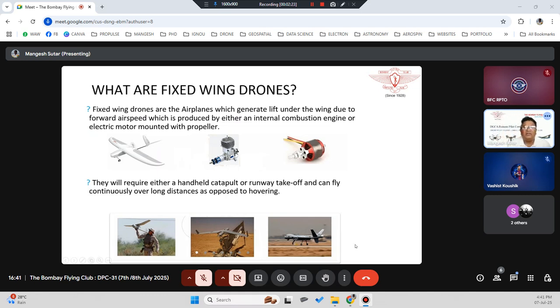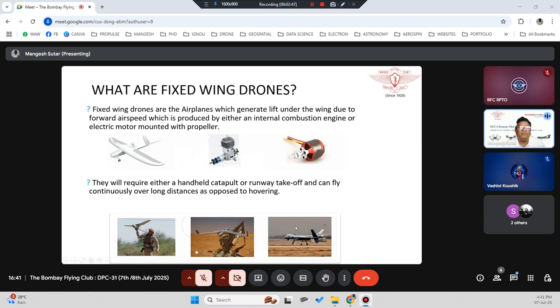If you see here, the drone watch is there, that is a Predator drone. It requires a runway to take off. This is basically a defense drone which uses the fixed wing remotely piloted aircraft for reconnaissance missions or even attacking enemy territories. This drone was predominantly used initially for reconnaissance missions.